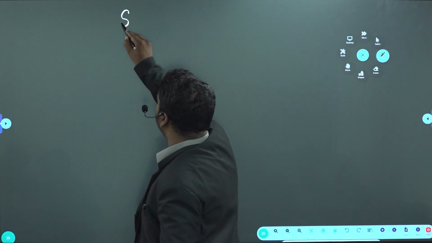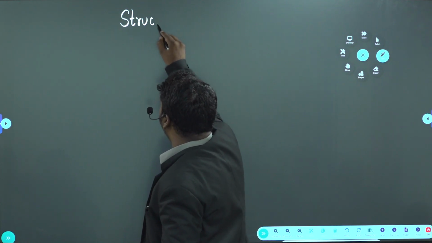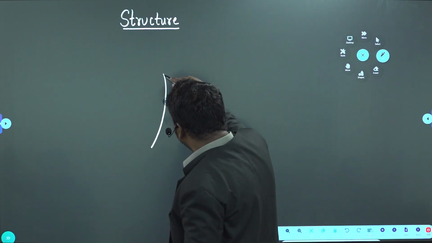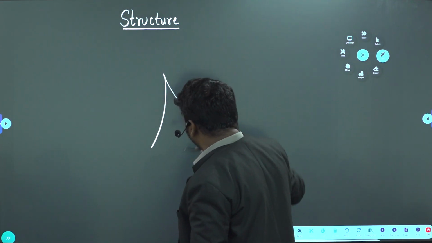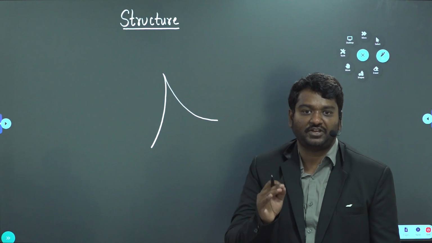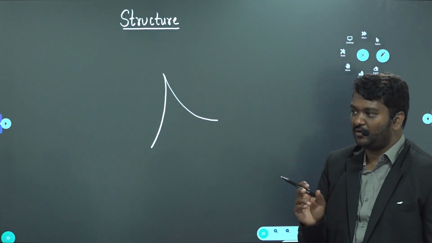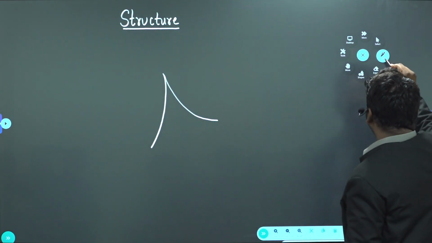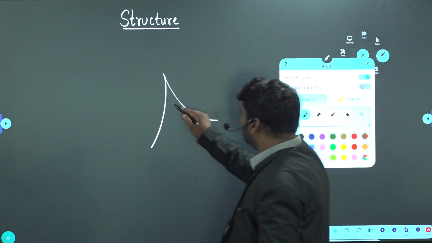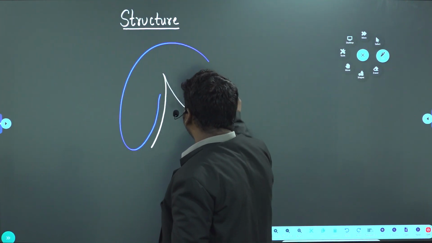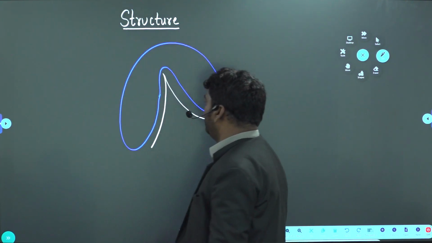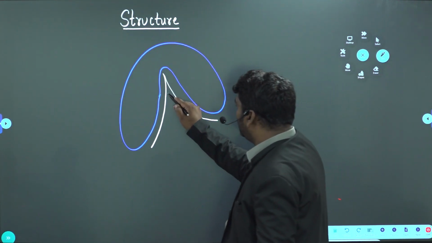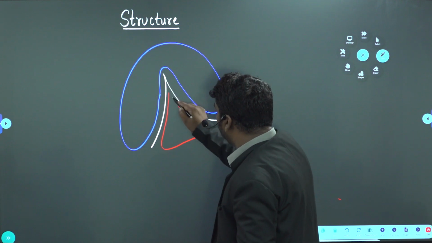This is a previous year question, guys. Just look at the structure. Temperate cyclone is represented by inverted V shape. Okay. Temperate cyclone is represented by inverted V shape, and in this, on the northern side we will have cold air, and on the southern side we will have warm air.